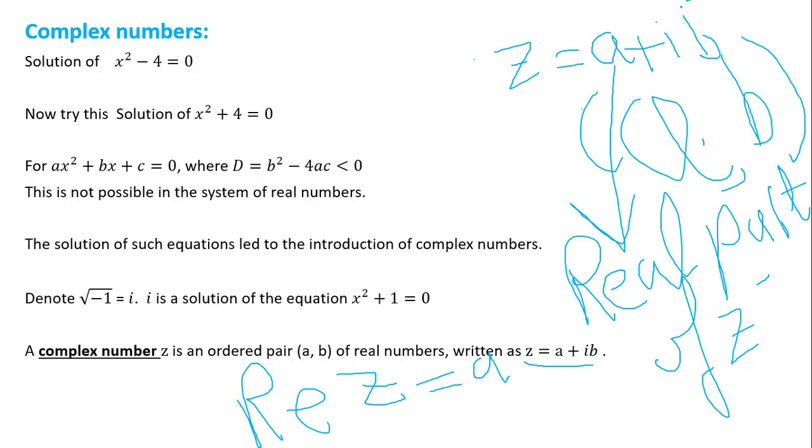Similarly, the imaginary part is this b. So imaginary part of Z equals b.